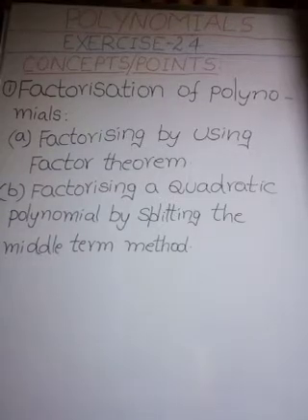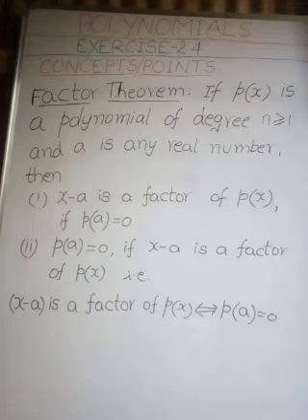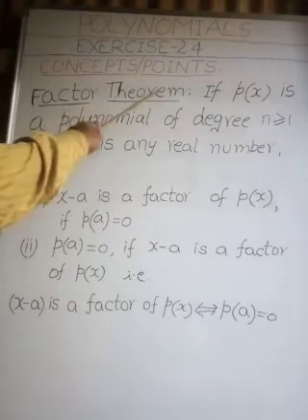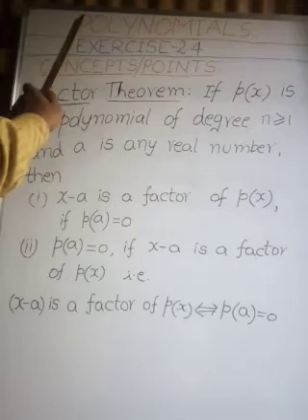Okay, right. Before going to discuss factorizing a polynomial by a factor theorem, let us know what is meant by a factor theorem. Okay, my dear children, see, this is a statement of a factor theorem.